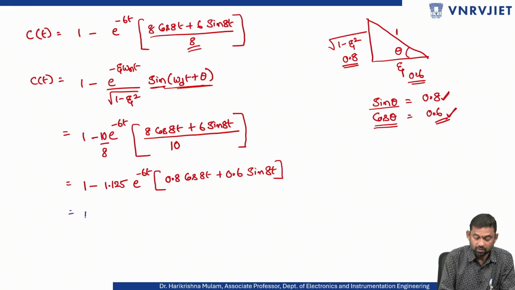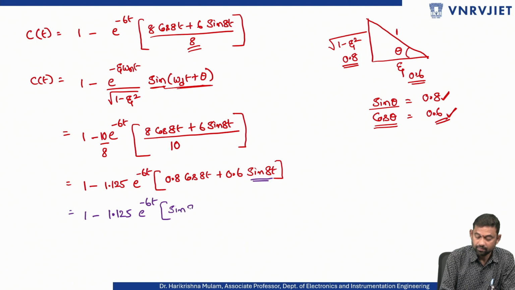That is equal to 1 minus 1.125 e power minus 6t into, let me write this first, sin 8t into 0.6. 0.6 is cos theta. So cos theta plus cos 8t into this 0.8, which can be written as sin theta.